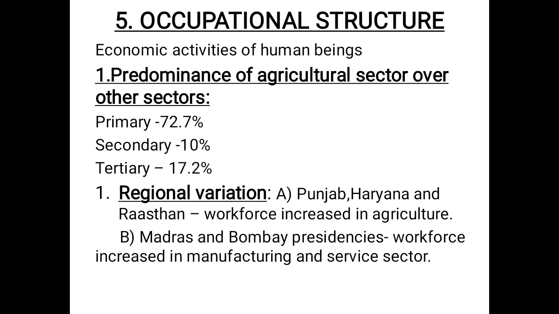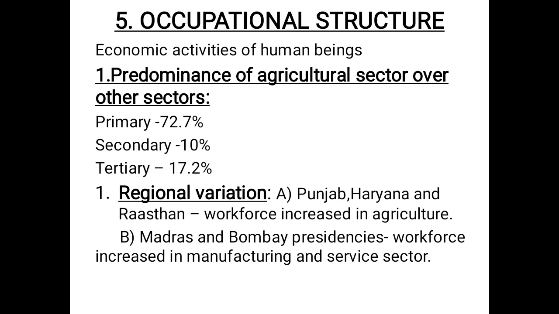Number 2, regional variation. Occupational structure differed from state to state and place to place. For example, in Punjab, Haryana, and Rajasthan, maximum people were engaged in agriculture.